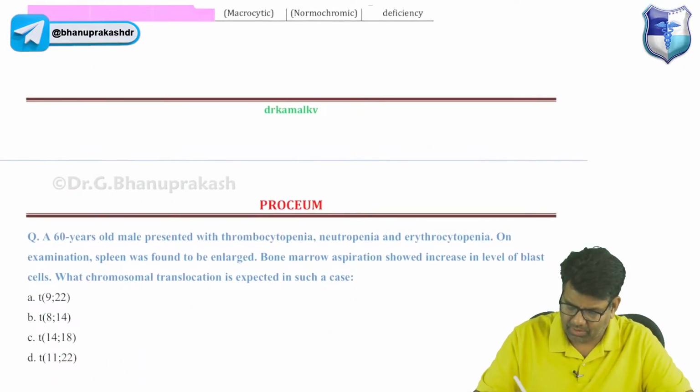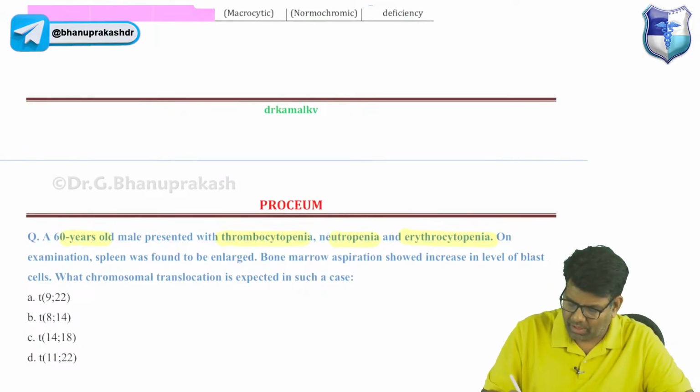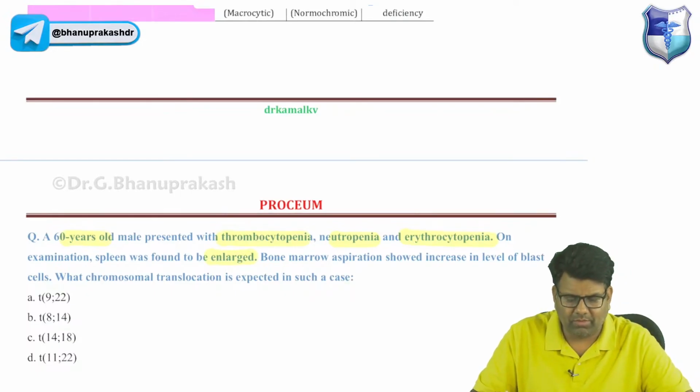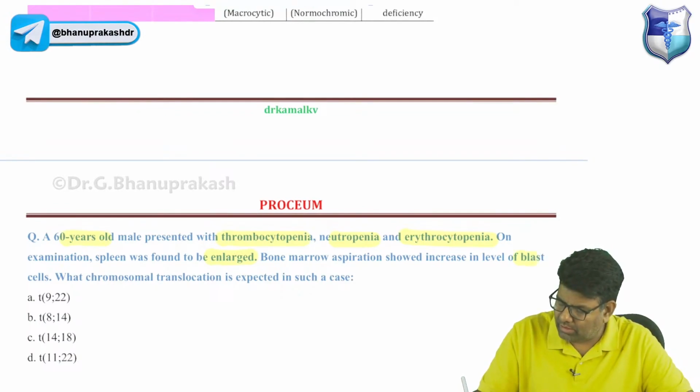Now, next question. Elderly patient with thrombocytopenia, neutropenia, and erythrocytopenia. All the cell lines are decreased. Spleen was massively enlarged. There is a high number of blast cells. And what translocation can you expect?